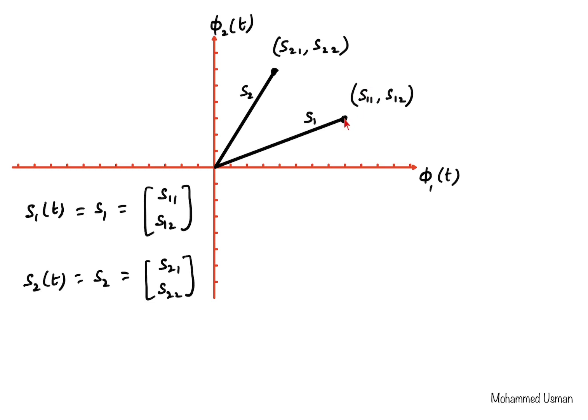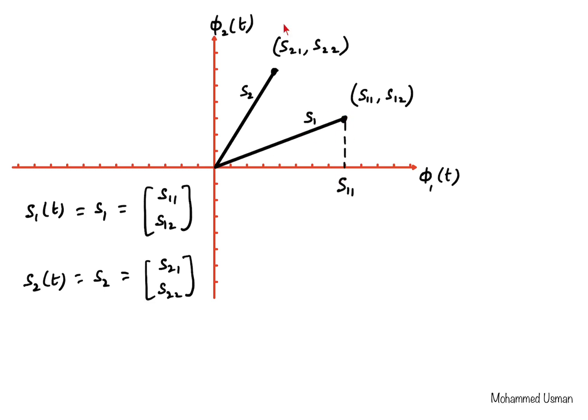Clearly, S11 is the x-coordinate of this point. So that's nothing but the corresponding x-axis value which falls here, right? So basically what we're saying is this projection here, okay? So that is basically called S11. This value is S11. So the x-axis coordinate, or in other words, the projection of this vector onto the x-axis.